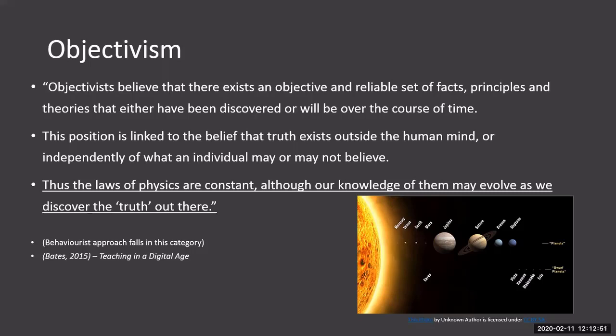An example of this, as you can see, is the picture on the bottom right hand side of your screen with the planets in our solar system, and these planets have always been there. You can observe that they have two different classifications in this picture, planets on the far right and below that dwarf planets. I recall when I was growing up and we were taught about planets, Pluto was included in the planets.